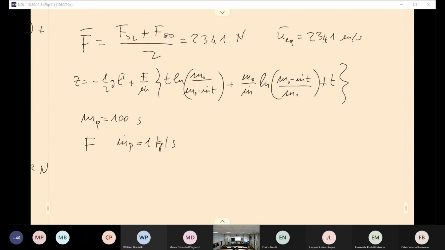So we can put 100 here, and we have our value of c.